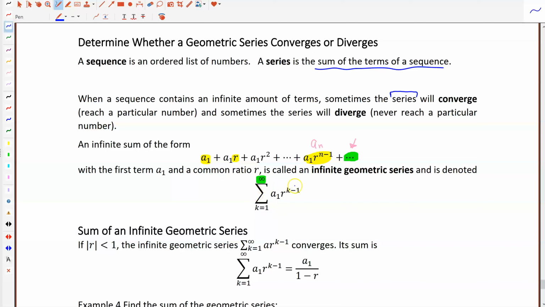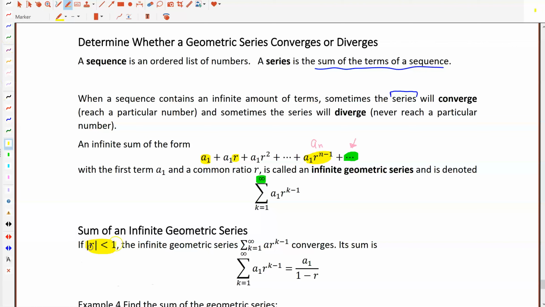And the cool thing about these is some of these, if we add up an infinite number of terms, some of these will approach a specific number, and some of them will never approach a specific number. And whether or not this infinite geometric series will converge or diverge all relates back to that common ratio.